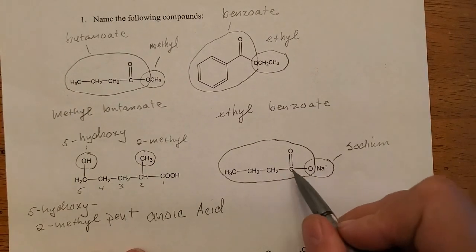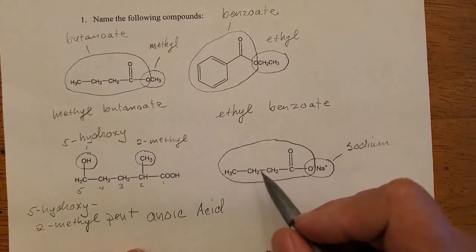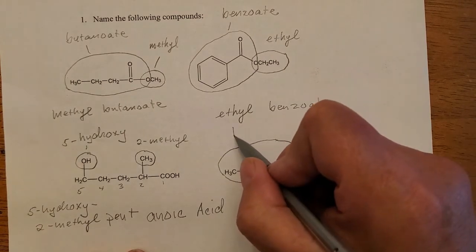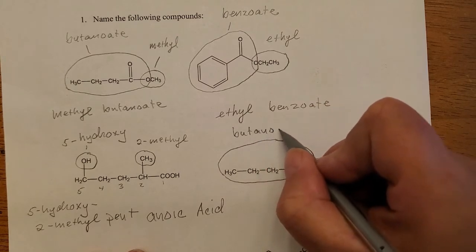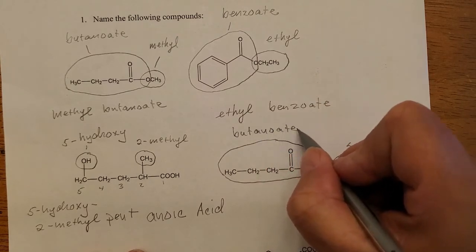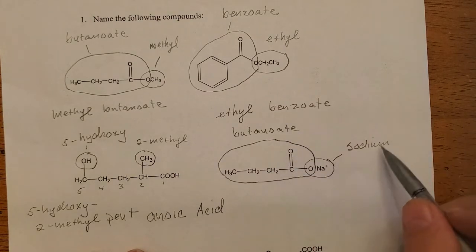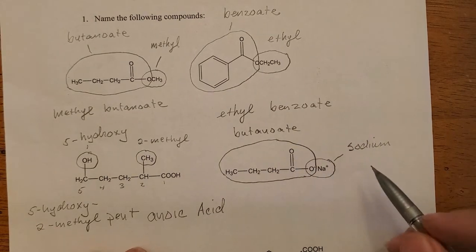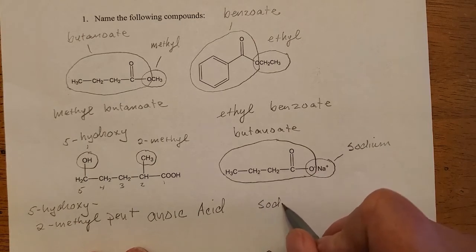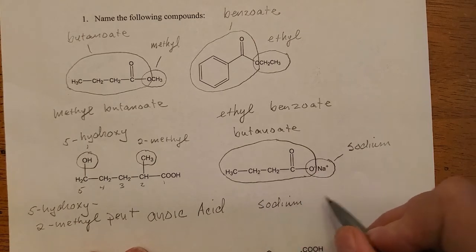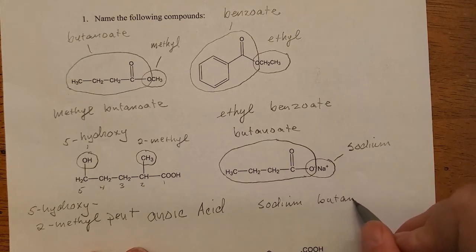And this back end, 1, 2, 3, 4, it's a butanoate. So this is the acid part, and this is the front end. So this is going to be called sodium butanoate.